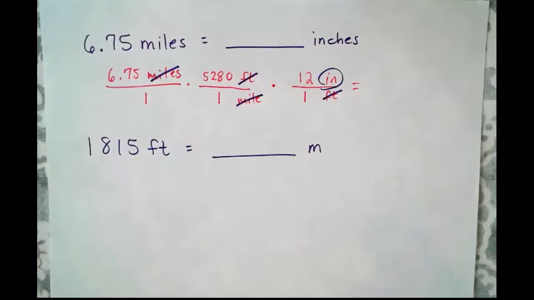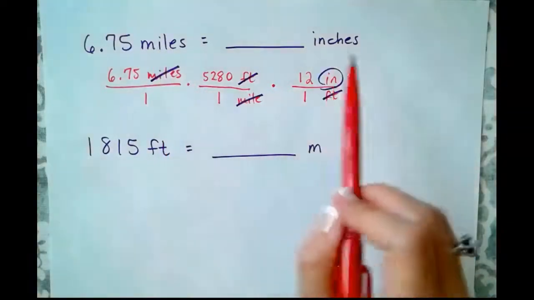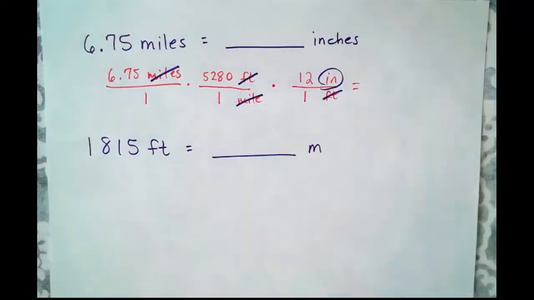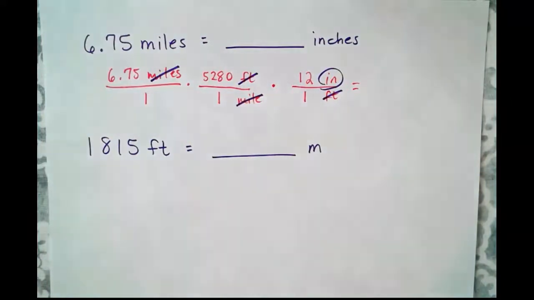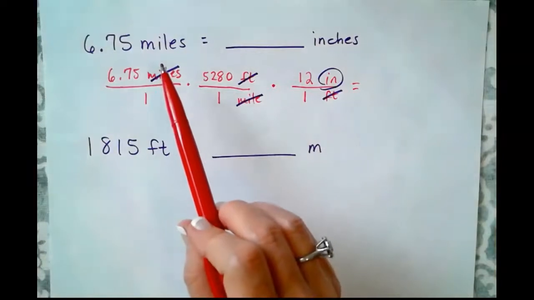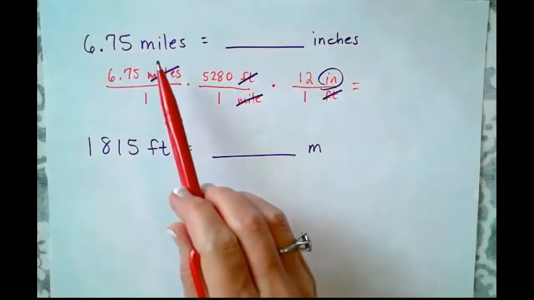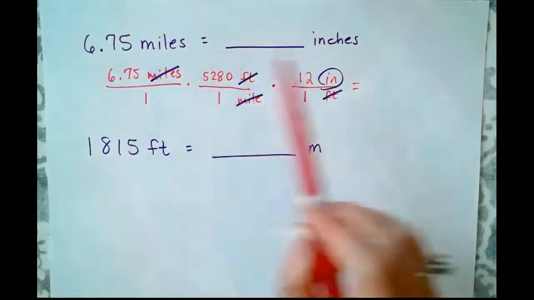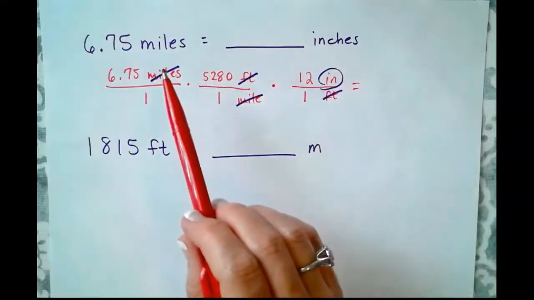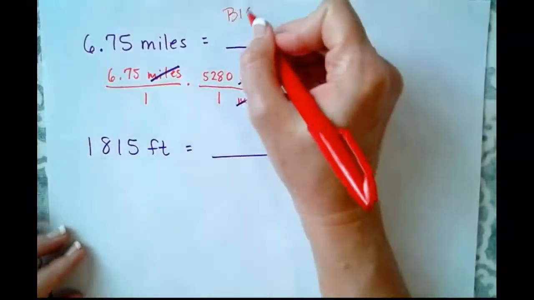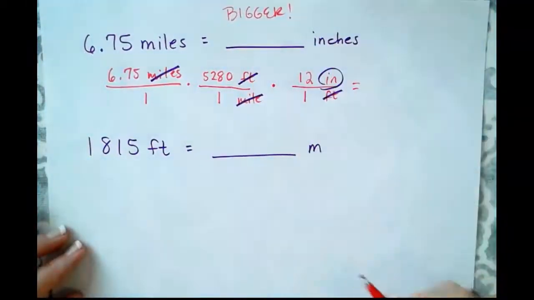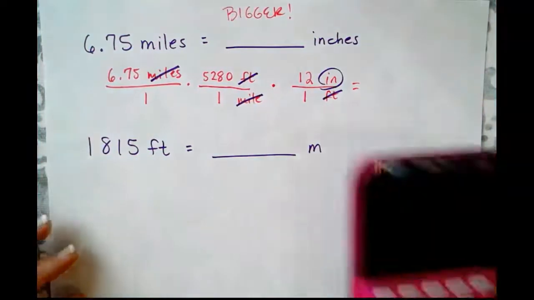Think about what your answer should be. If we're going from miles to inches, should our answer be getting larger or smaller? Miles is a larger unit than inches. When we go from a larger unit to a smaller unit, our answer better get bigger.